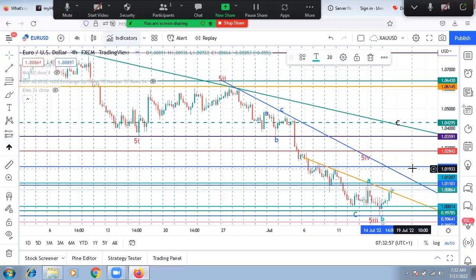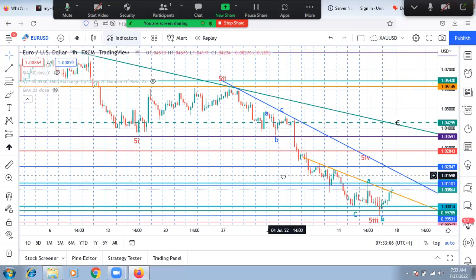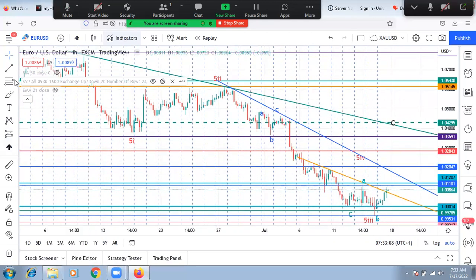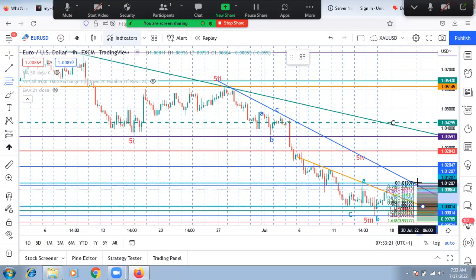Now that's a B. Now we need to understand the kind of correction that has transpired here between A and B to understand what is going to happen to this wave that is going up. So now if we take our fib retracement tool from the beginning of A to the end of A up here, which is the light blue area, then we can see that B stopped exactly at 1.414. That is where B stopped.